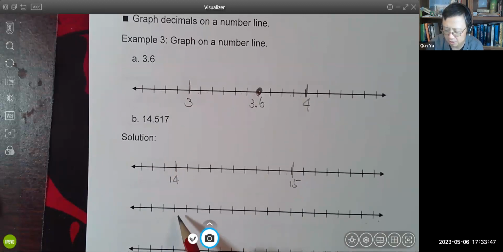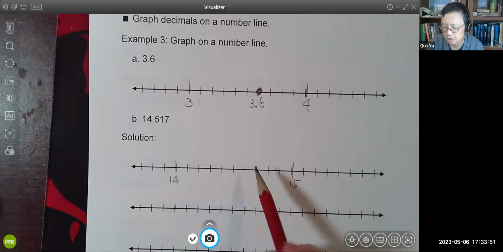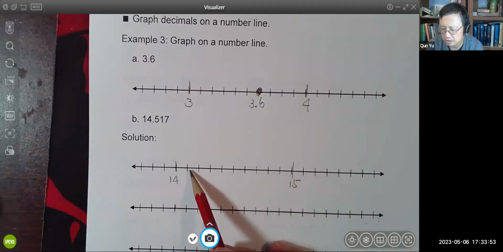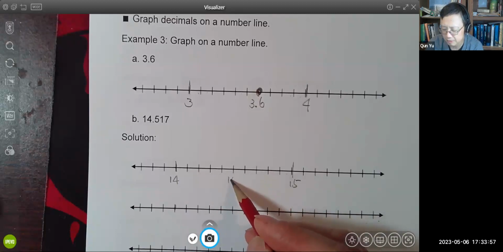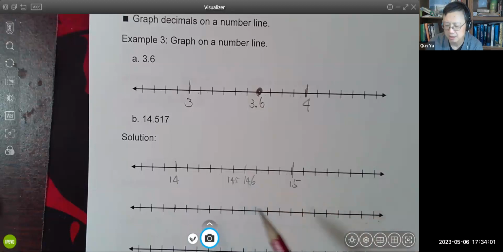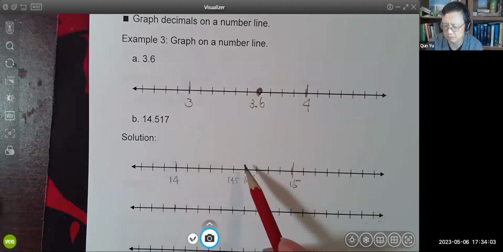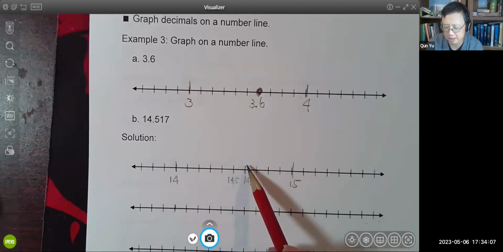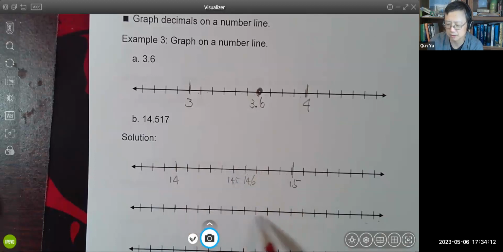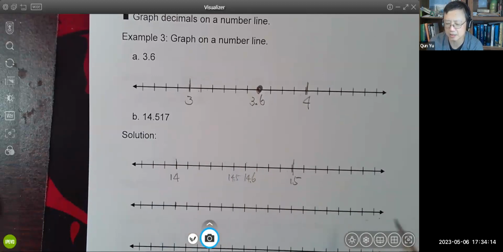So it's between here. 1, 2, 3, 4, 5. This is 14.5. And this next one, 14.6, right? And our number is somewhere in between. So let's magnify this unit using this second number line.